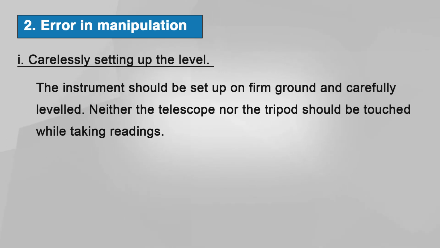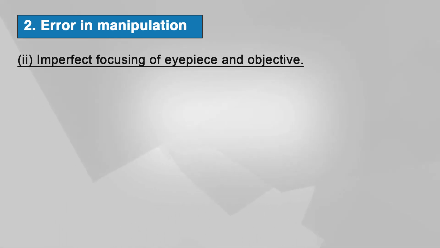These include the errors due to the following reasons. Firstly, carelessly setting up the level. The instrument should be set up on firm ground and carefully leveled. Neither the telescope nor the tripod should be touched while taking readings. Next is the imperfect focusing of eyepiece and objective.